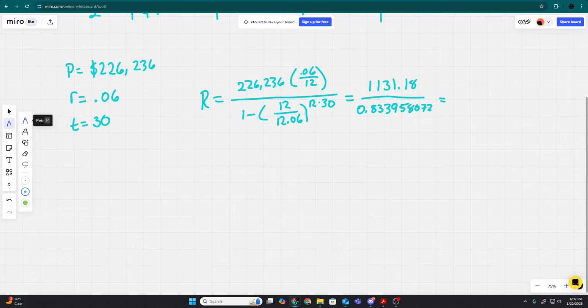If I divide both of these with each other, we should get our payment every month to be $1,356.40. It's 0.399, so it rounds to 40 cents. And again, this is per month. So this is going to be our payment.